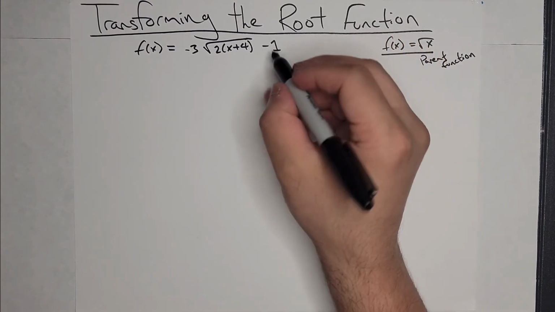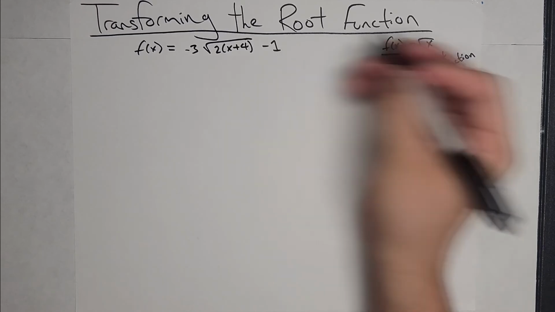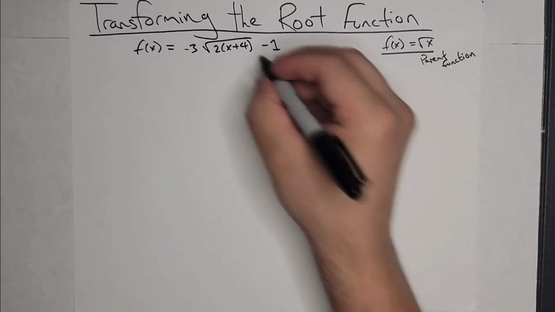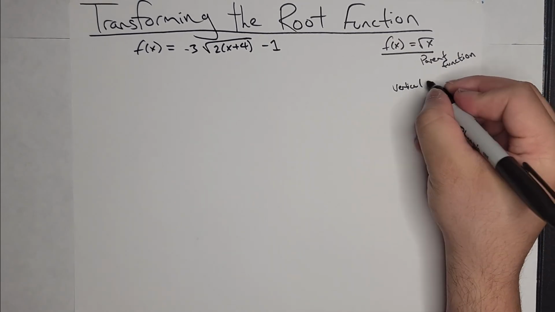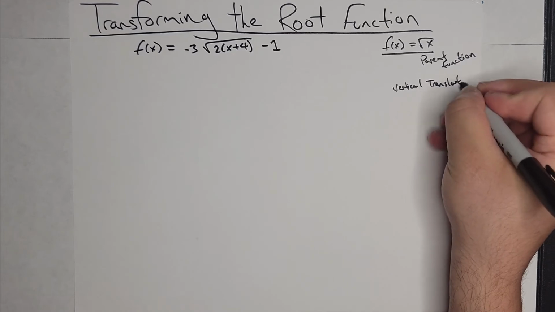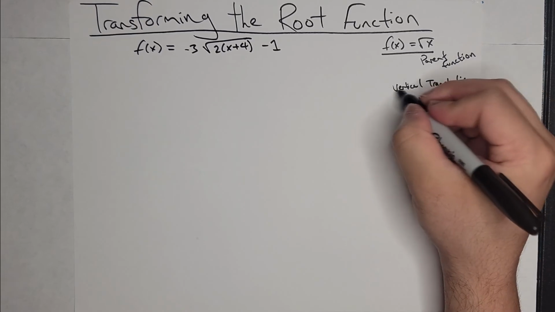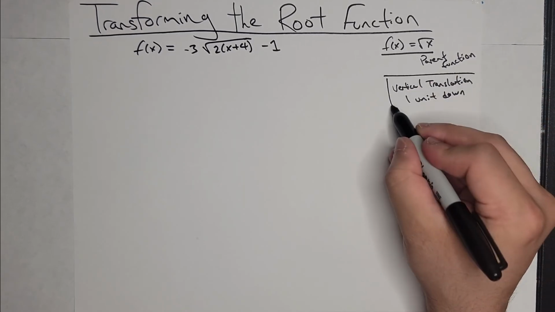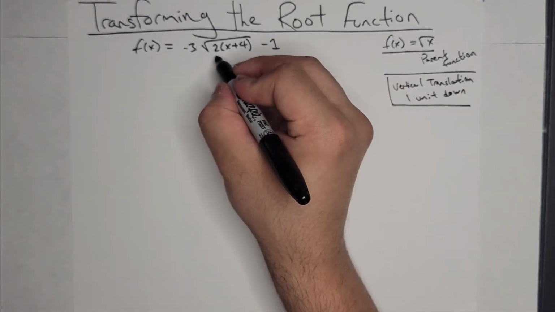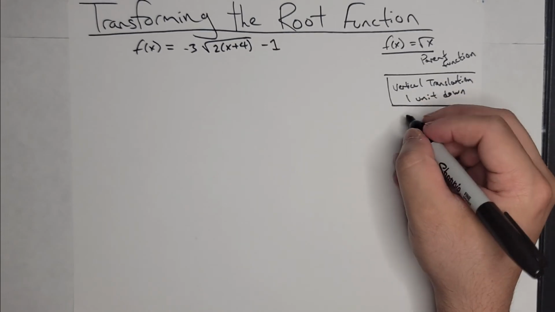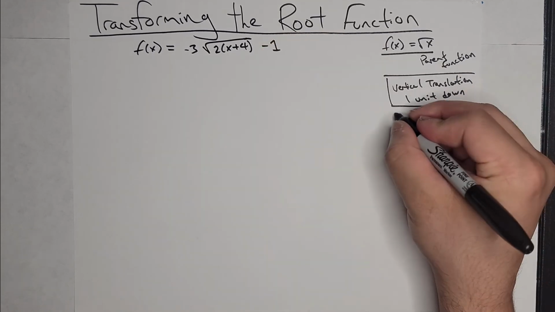So from previous videos we know that this -1 is our vertical translation. And we know that this number 2 is going to give us a horizontal compression. Or, let's do the other translation, the horizontal one.